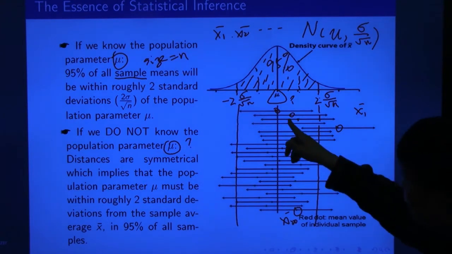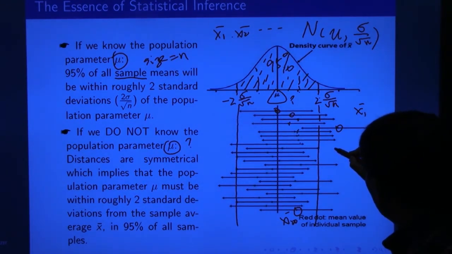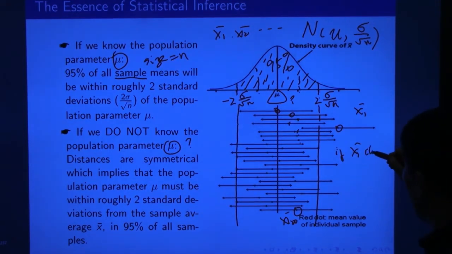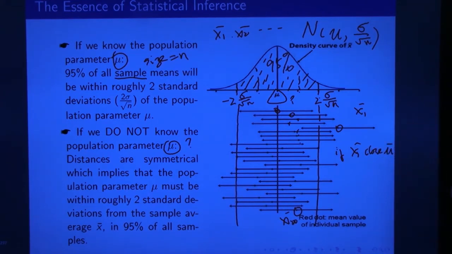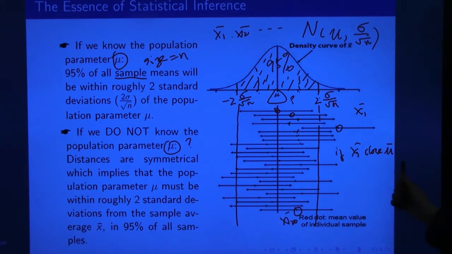So here is the key. If x1 bar is close to mu, here I mean within plus or minus 2 standard deviations, within this range, then mu will also be within.